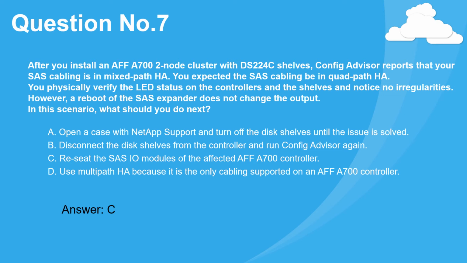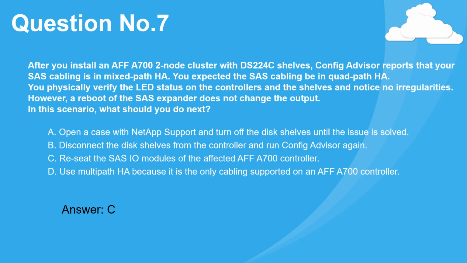Question number 7. After you install an AFF A700 2-node cluster with DS224C shelves, Config Advisor reports that your SAS cabling is in mixed path HA. You expected the SAS cabling to be in quad path HA. You physically verify the LED status on the controllers and the shelves and notice no irregularities. However, a reboot of the SAS expander does not change the output.